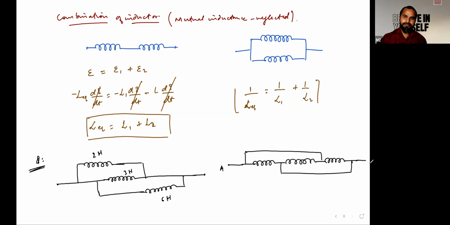First one is easy. Find L equivalent in these two problems.